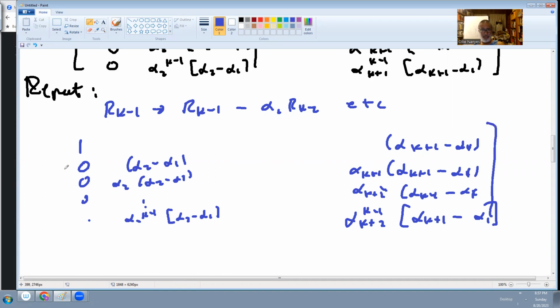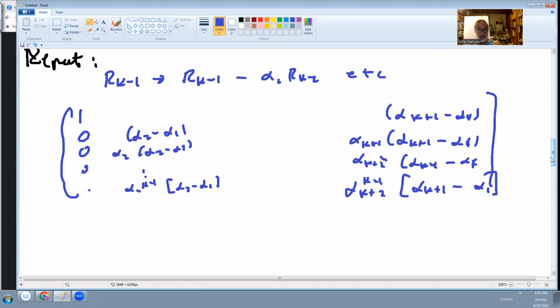So you have this matrix. Now, there's a fact about matrices. The determinant of this matrix, well, notice you have these 1s and you have all these zeros. So basically it's going to be the determinant of this matrix here.